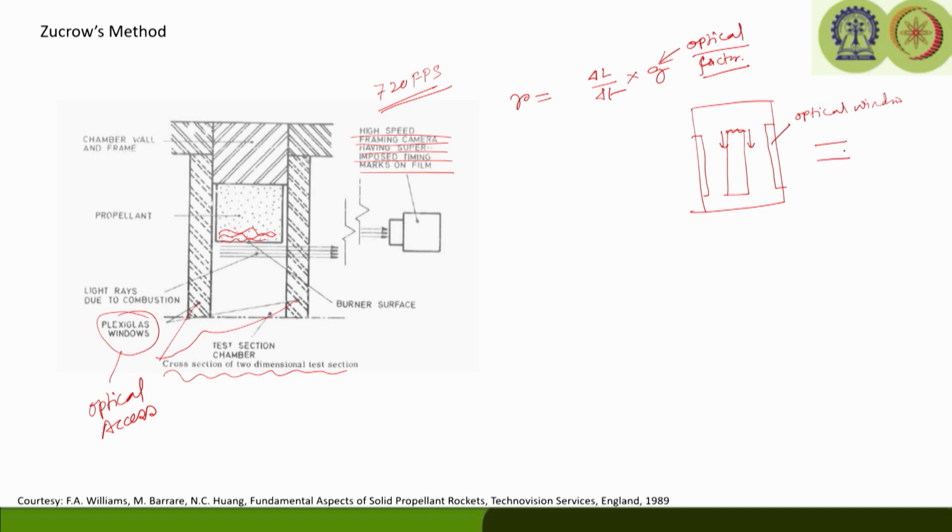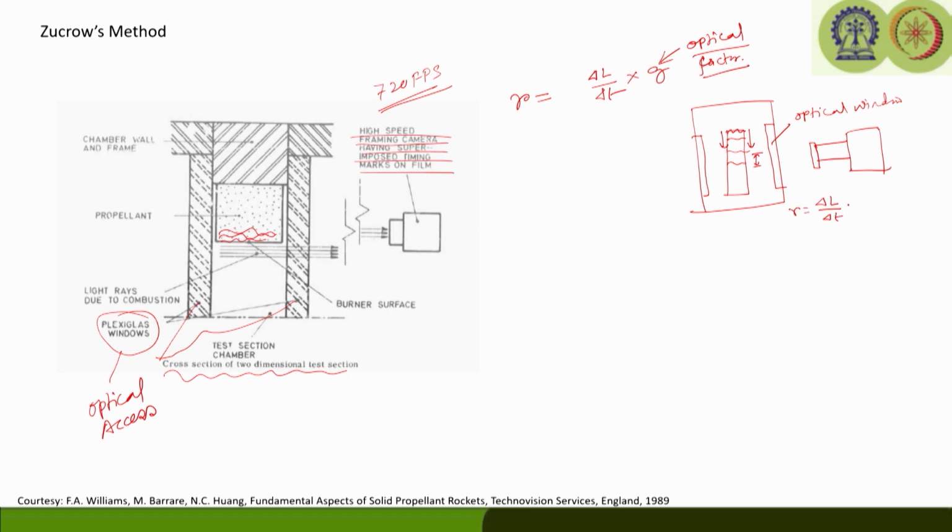If we film this through some high speed camera, we can see the similar behavior, like at a particular distance how much time it is taking. So, delta L by delta T is going to give us the burn rate.